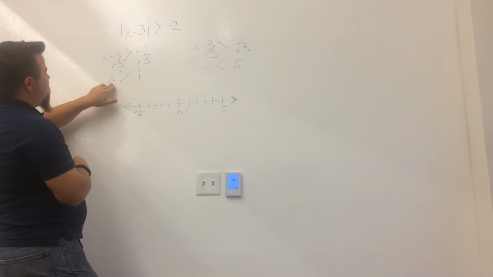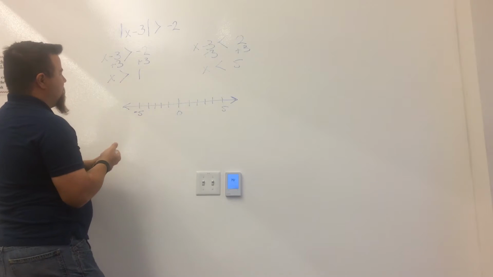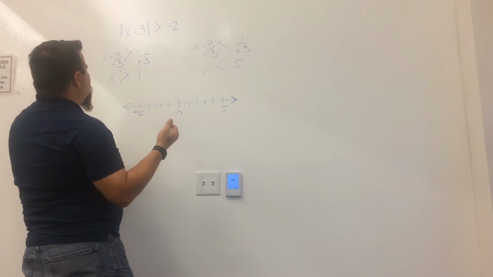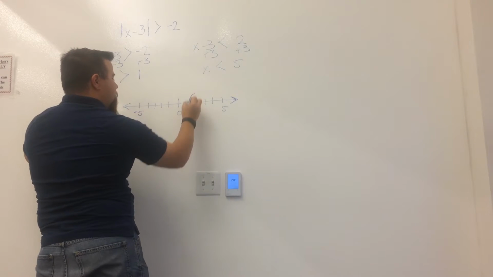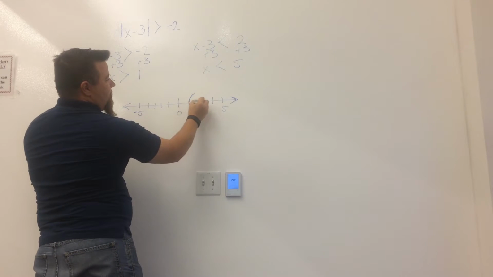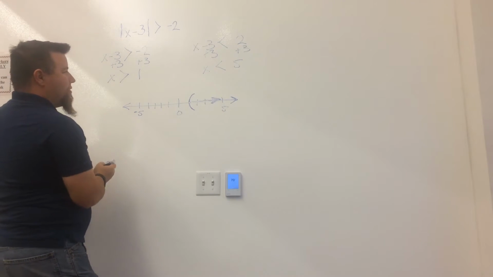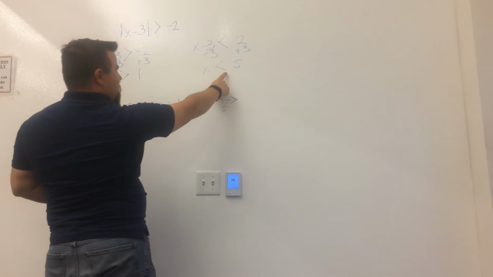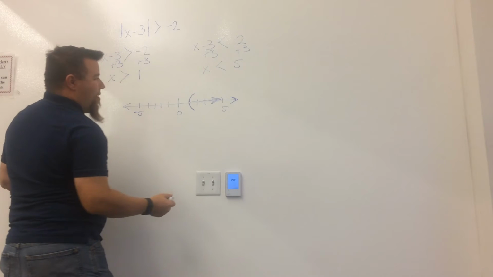So if we take x and it's greater than 1, we're going to want it to go this way, and so it's going to go that way forever and ever. X is greater than 1. Okay? And then x is less than 5.